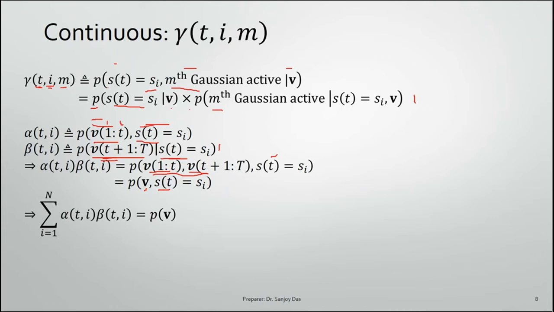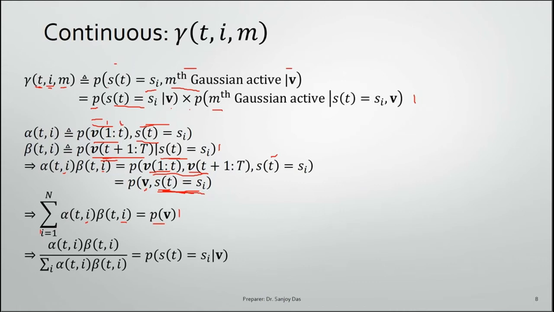Therefore, if I sum over all these states, I get the probability of v. This is based on the summation trick that we had seen earlier. If I sum over this index i, I eliminate this component of the probability. So this summation i equals 1 through N of alpha_t(i) beta_t(i), I eliminate i here, and that gives me simply the probability of the entire output sequence v.